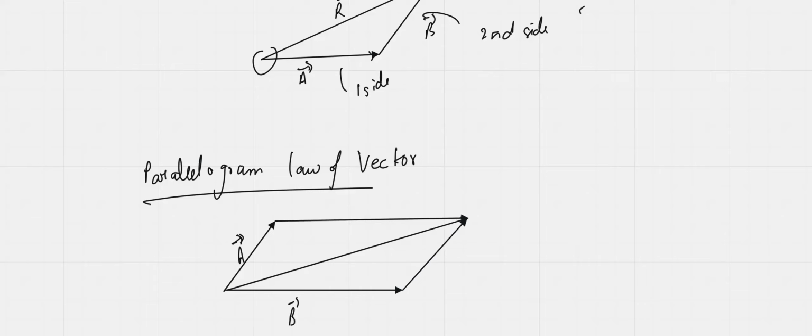Bhavana, is this clear? Yes, sir. So this is the parallelogram law of addition, where the resultant comes out as a plus b.